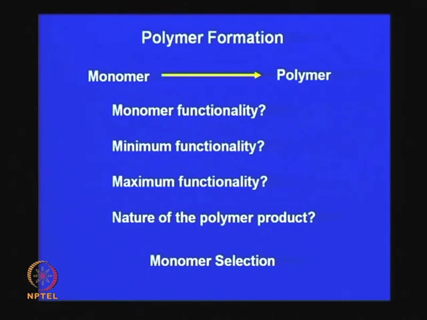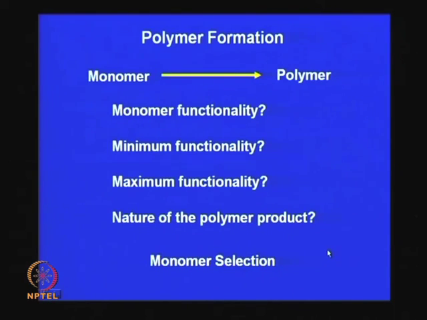No. So, the minimum requirement of functionality is 2, at least 2 sites should be there. Then only with the help of those 2 reactive sites, it can link up with one another, forming a very big macromolecule known as polymer material.